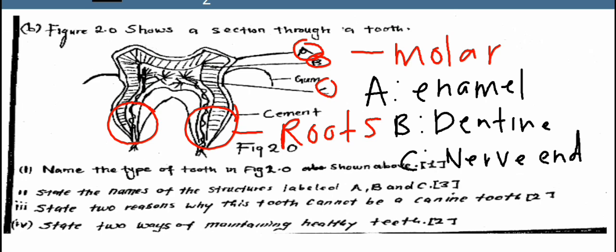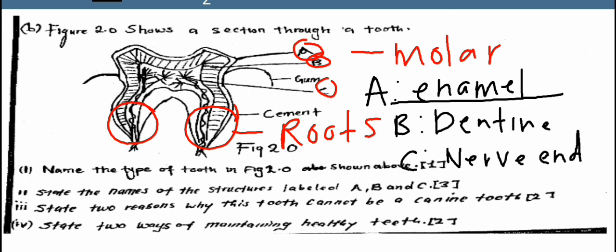Let's start with the enamel. So the function of the enamel is to protect the inside cells from the external environment, meaning the enamel protects the dentine, pulpy cavity, nerve ends, and so on. That's the function, and it is the hardest part of the tooth, the enamel.